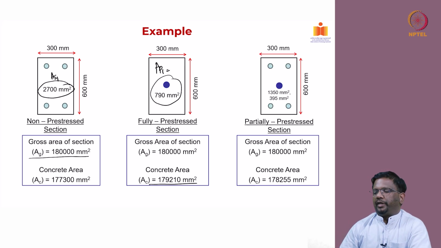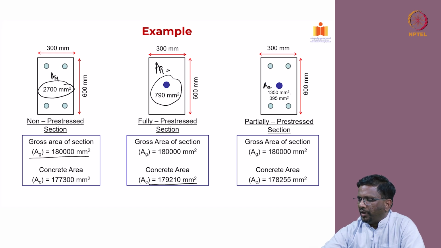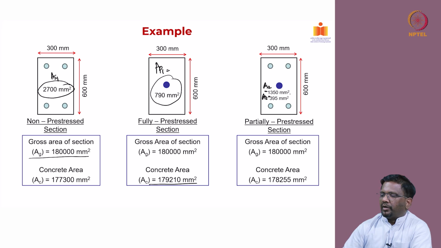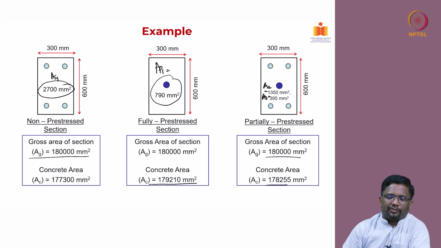Similarly, we are looking at the next case with a section of 300 mm by 600 mm with AS2 and AP2. Again, when I multiply with their respective yield strength, you will get the same tensile strength. This section has the same gross cross section area, and the concrete area will have a slight difference because the amount of area of steel is different.